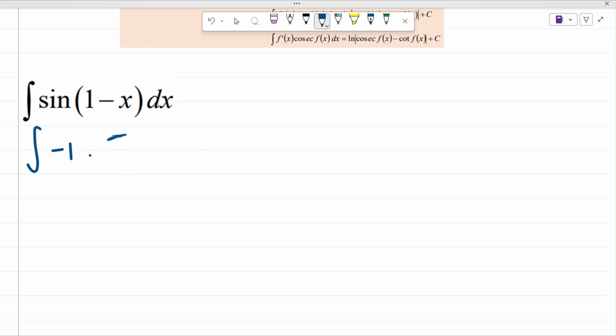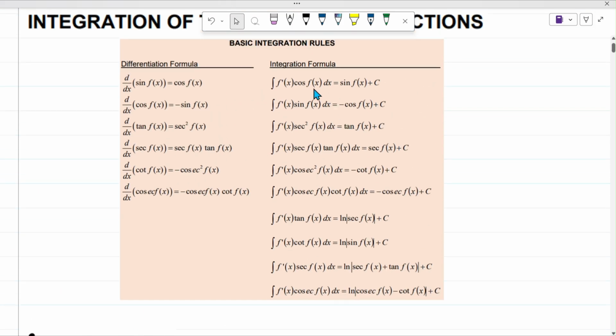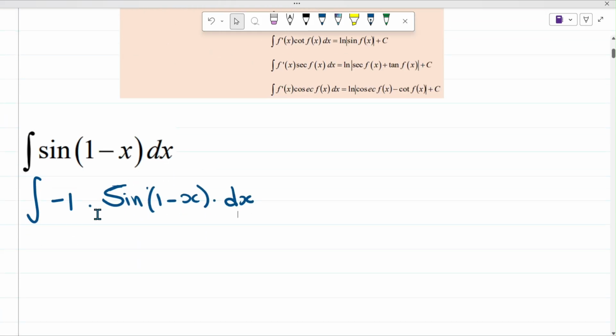We didn't have this minus 1 in our equation, so we only wrote it to satisfy our formula for integration, because it says that next to the trig function there should be the derivative of the argument. I wrote the negative 1 because I want to make use of the formula I have up there, and I can't make use of it if I don't have the derivative of the argument next to my trig function.